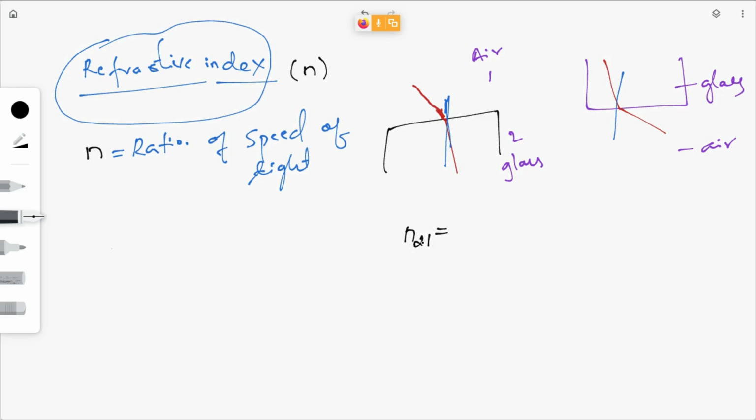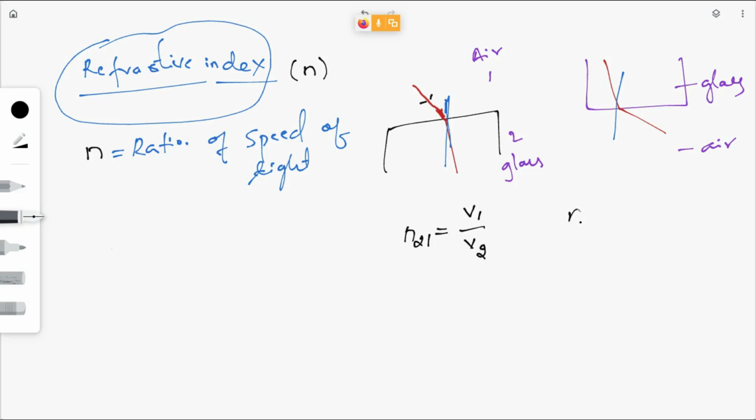So if it is n21, light will be traveling from medium 1 to medium 2. So it is speed of light in medium 1 divided by speed of light in medium 2. I hope you understood this. N21 is v1 by v2. Light is traveling from medium 1 to medium 2, so refractive index of medium 2 with respect to medium 1 is v1 by v2.